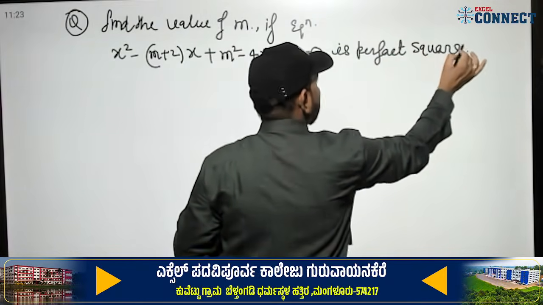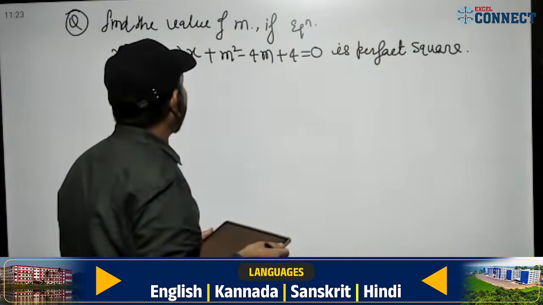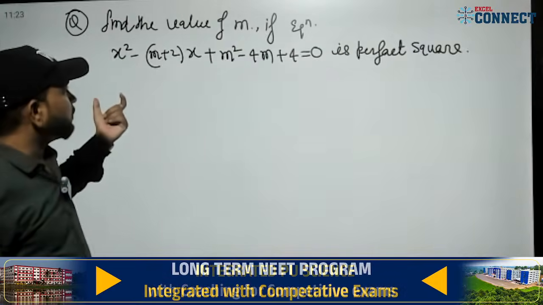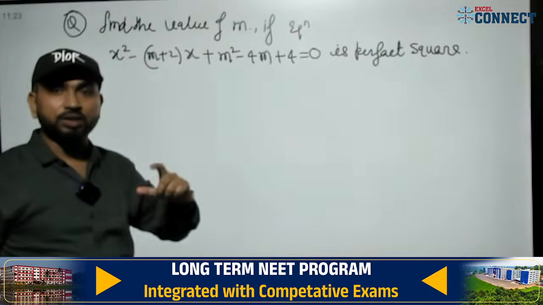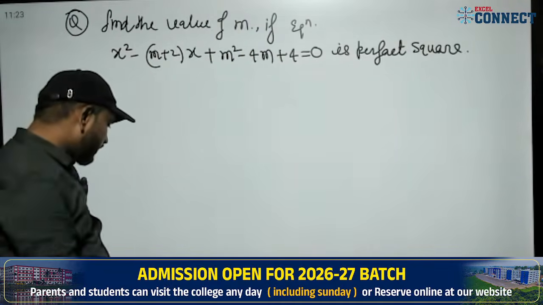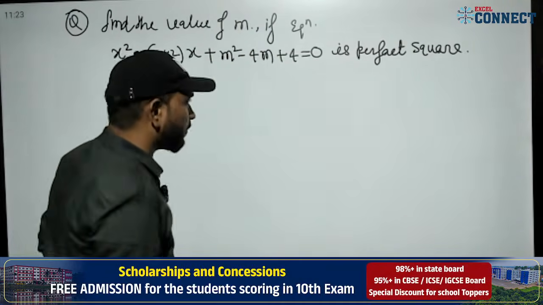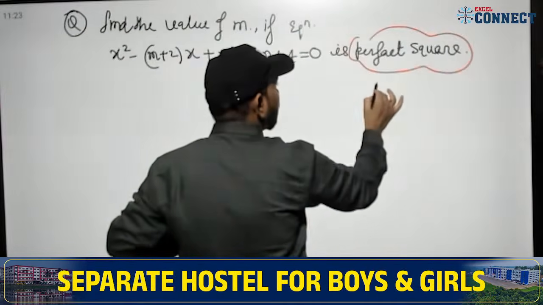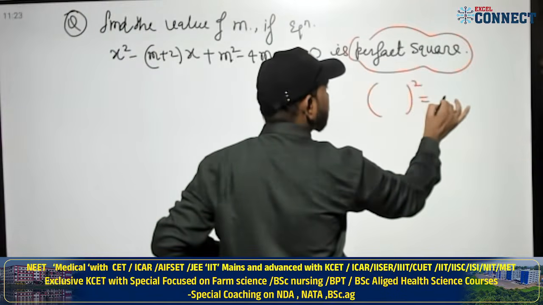They are asking, find the value of m, if this equation becomes a perfect square, in other words equal roots. I just discussed perfect square. This whole equation is looking like this.